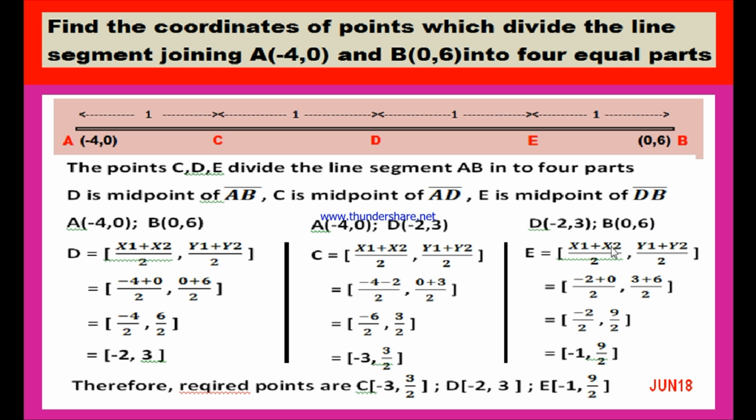Then the midpoint is (x1 plus x2) by 2, (y1 plus y2) by 2: -2 plus 0 by 2 and 3 plus 6 by 2. -2 plus 0 is -2 by 2, and 3 plus 6 is 9 by 2. So -1, and 9 by 2. Therefore, the required points are C (-3, 3/2), D (-2, 3) and E (-1, 9/2).